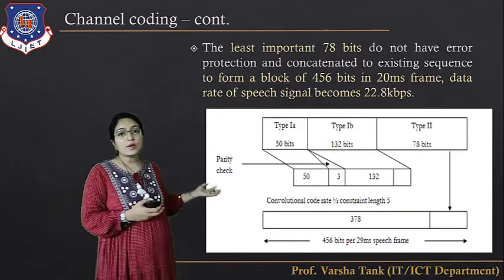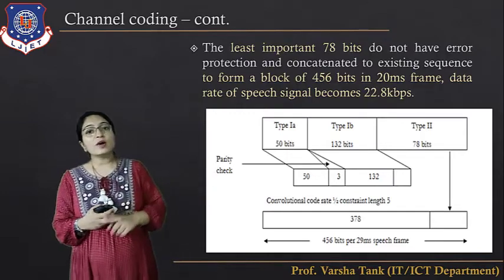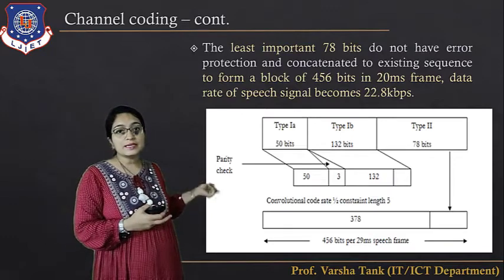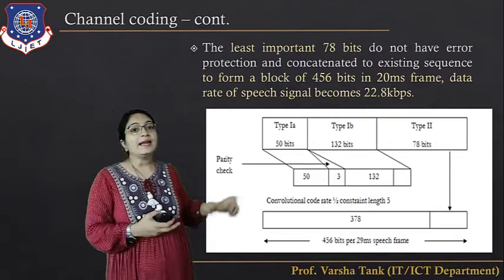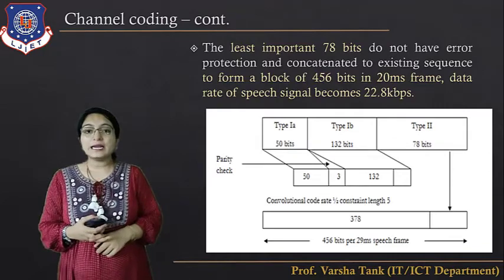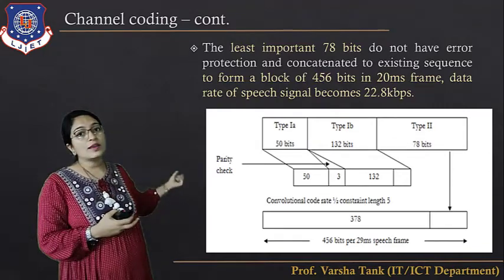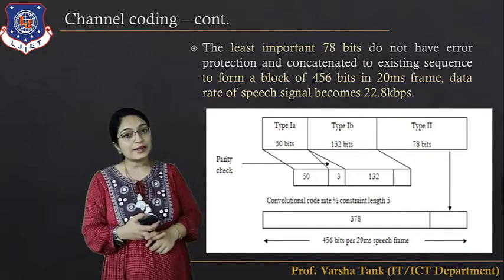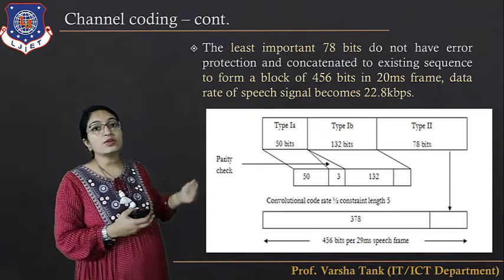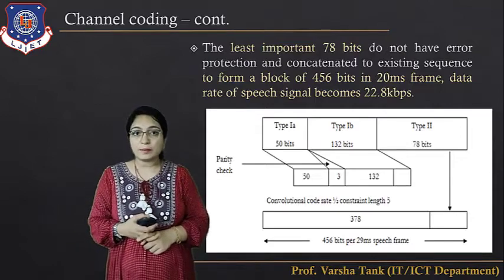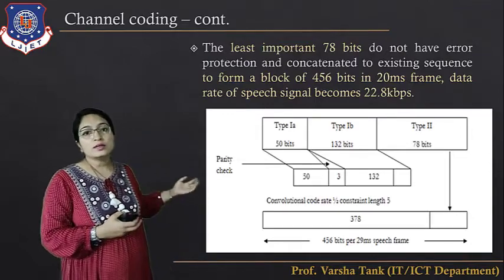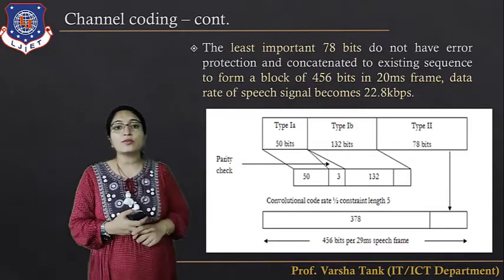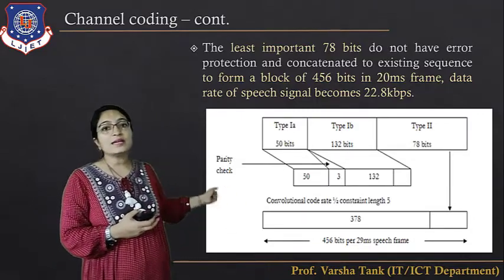Here in this figure you can see this criteria. Type 1A is a total of 50 bits, type 1B is 132 bits, and type 2 is 78 bits. Now we add the parity check bits using the cyclic redundancy check, so a total of 3 bits are added to the type 1A bits. Then the convolutional code has rate half and constraint length 5, giving a total of 378 bits.